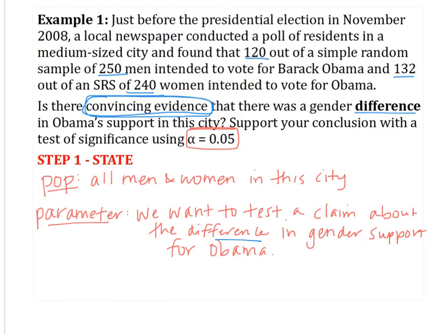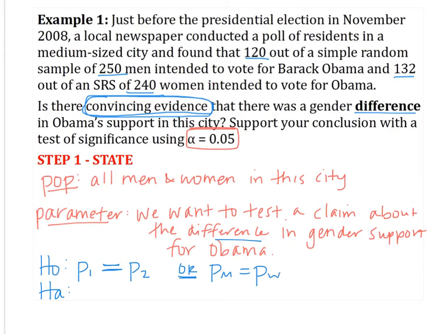The next thing I have to do are my two hypotheses, so my null and my alternative. If I think about the null hypothesis, the null is always equals. So my null hypothesis is that the proportion from 1 equals the proportion of 2, or if you want to use context, you can say the proportion of men equals the proportion of women.